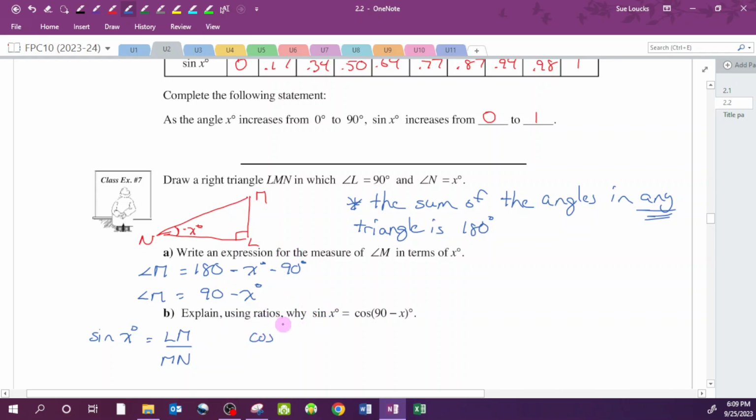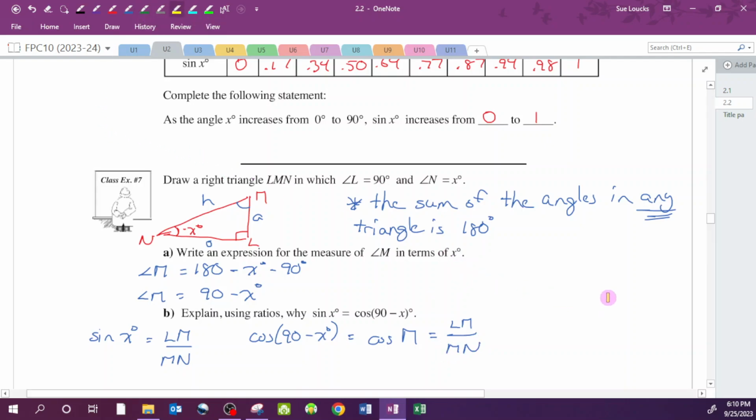And what is the cosine of 90 minus X degrees? Well, that's going to be the same as cosine of angle M, because that's what we figured out here. Angle M is 90 minus X. Now this is labeled relative to M, so this is the hypotenuse, this is the opposite, and this is the adjacent relative to angle M. So the cosine of M is the adjacent over the hypotenuse, so that is going to be LM over MN.